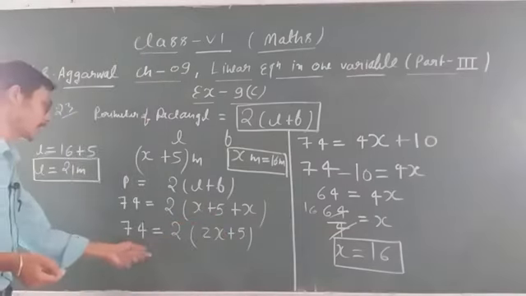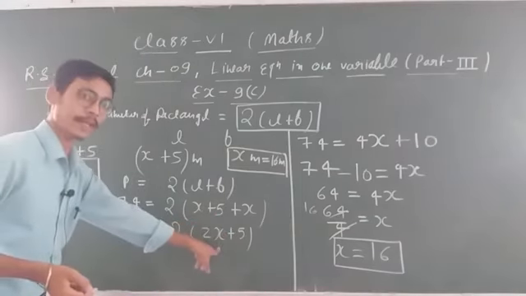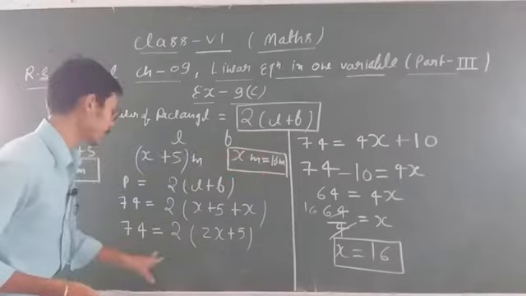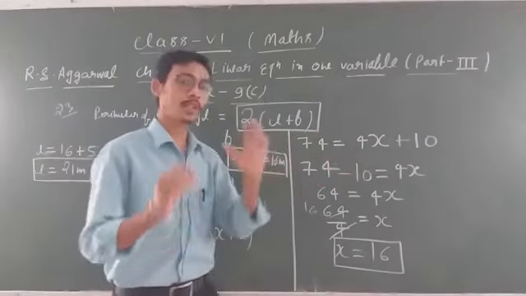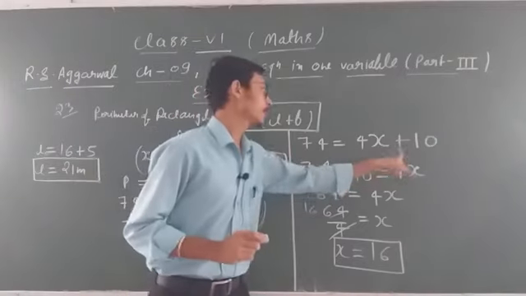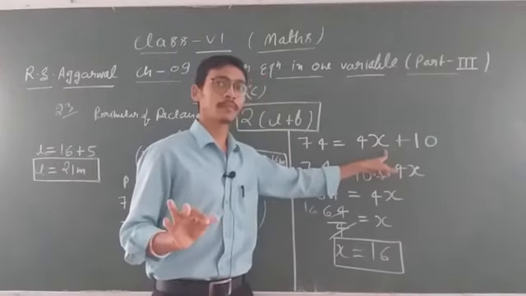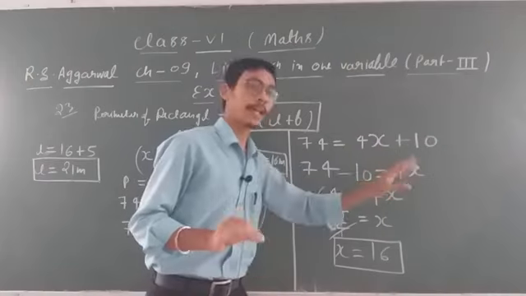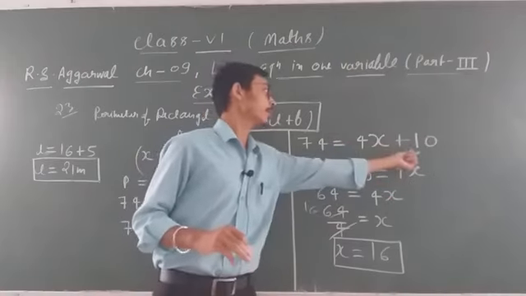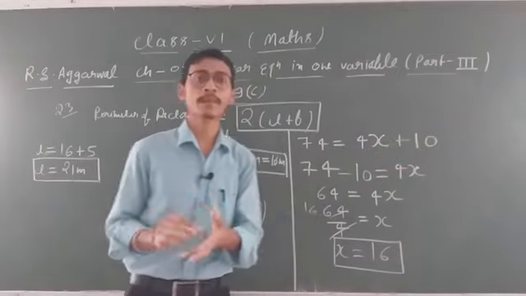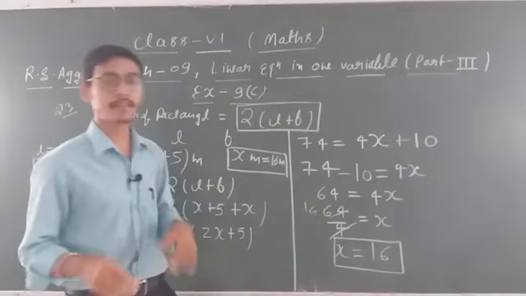Okay, so 74 equals 2 multiplied by x, that is 2 2s are 4x, 2 5s are 10, so 10 I retain. Okay, now you have to check which belongs to the same family. This is a variable. Okay, so left like that. 10 and 74 are constants, so you will write 74 and 10 together, but when this 10 comes to this side, it will become minus.